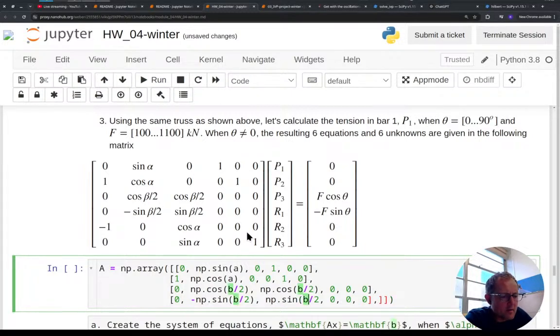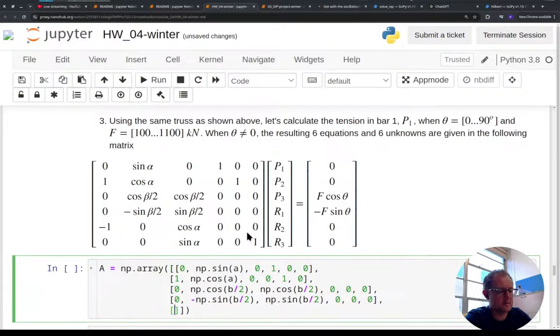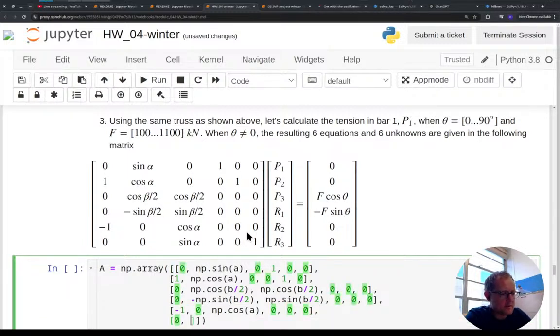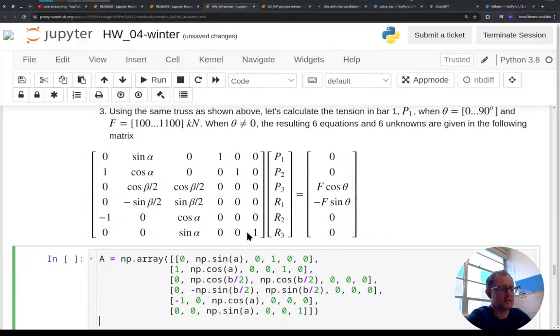And where did I mess up? There. And that's good. And now I want [-1, 0, np.cos(A), 0, 0, 0], and now [0, 0, np.sin(A), 0, 0, 1]. And I think I did all that correctly.